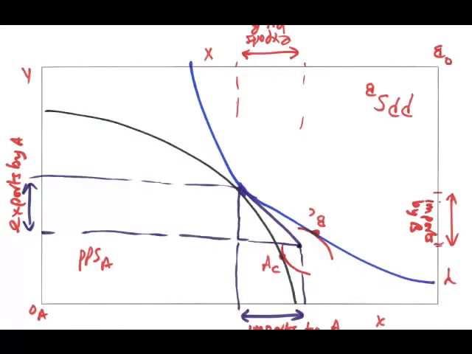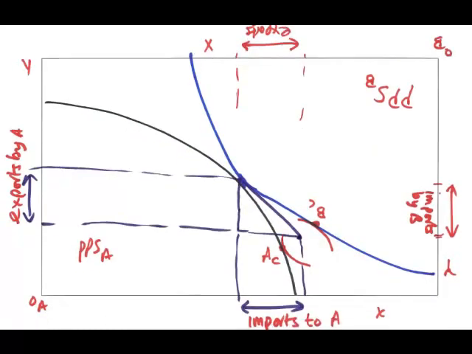How much trade will occur? Well, in the case where the two countries have different relative factor abundances or like different things, you can see that the indifference curves would be in the same quadrant. Sometimes I label the quadrants northwest, southeast, and southwest. So this is the southeast quadrant, and the quadrant at the top is the northwest quadrant. In the southeast quadrant, there's a point such as right here.